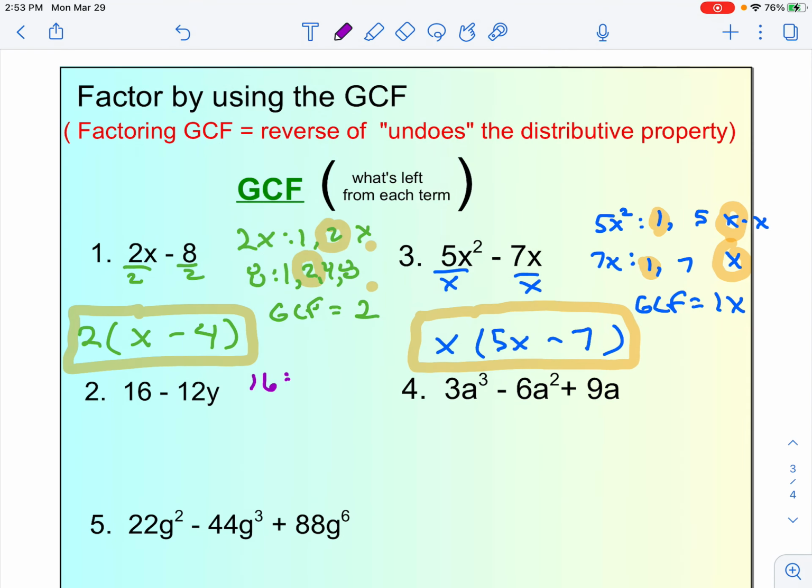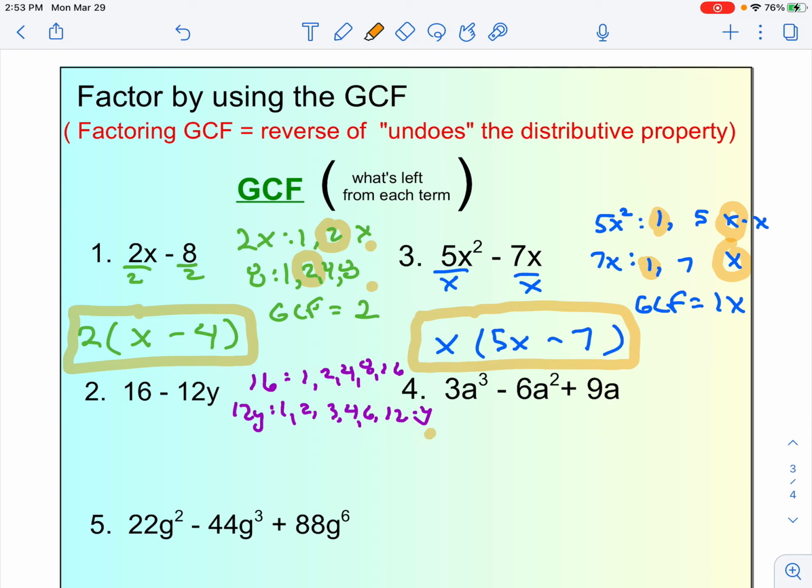So when you're trying to find the greatest common factor of 16, you would have 1 and 16, 2 and 8, and then 4. There are no letters. When you're looking at 12y, you have 1 and 12, 2 and 6, 3 and 4, and there is also a y.